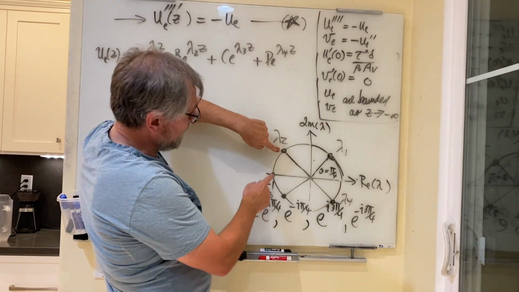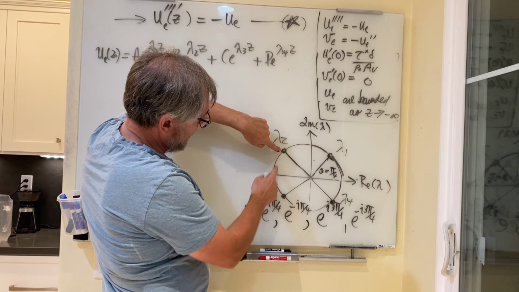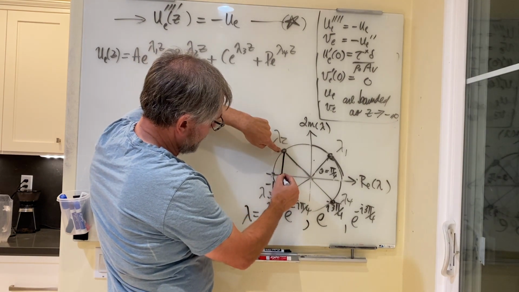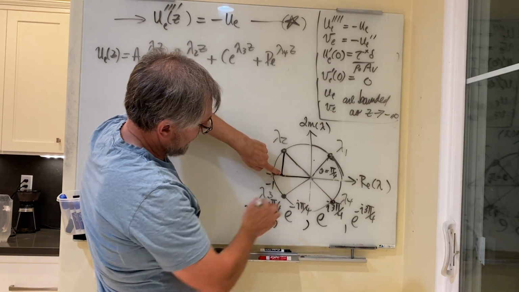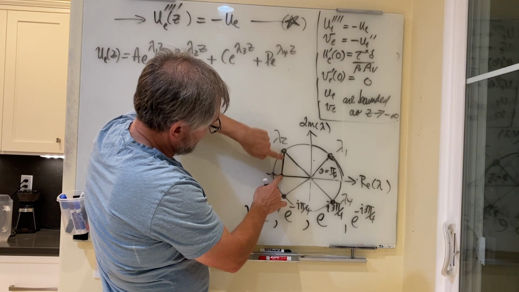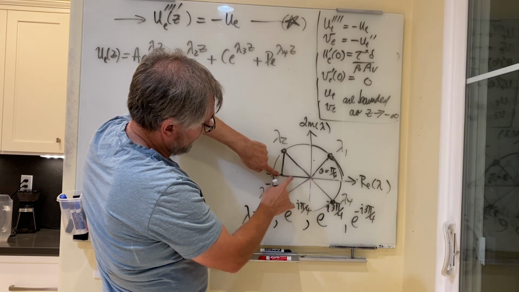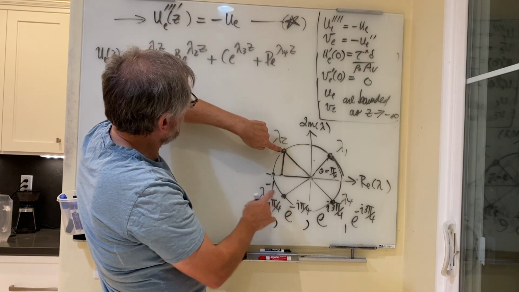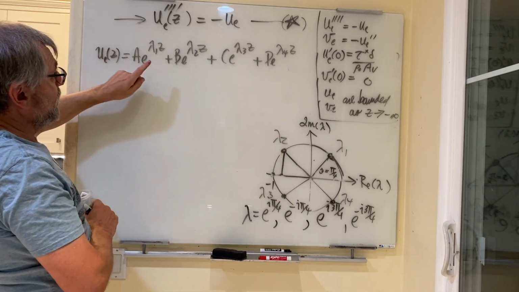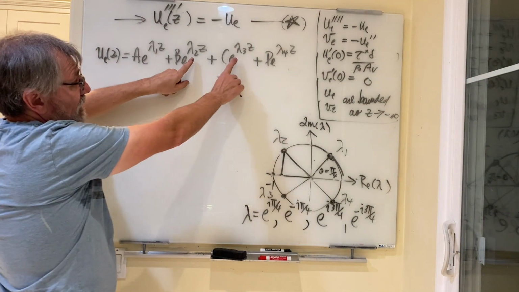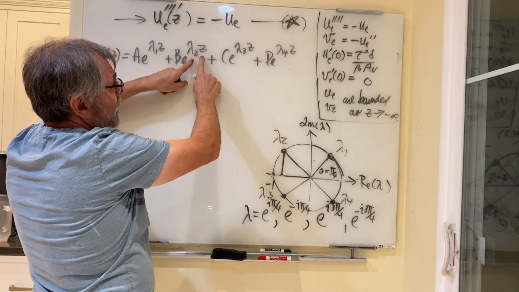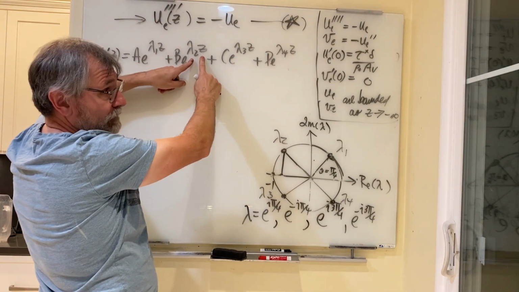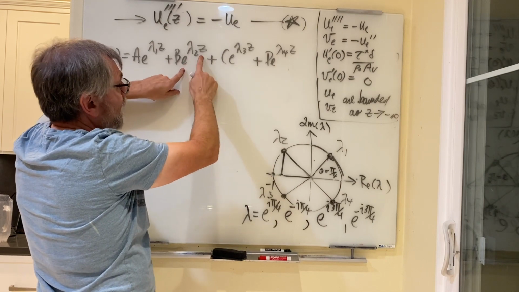And if I look at the forms of the lambdas, both lambda 2 and lambda 3 have a negative real part, right? The real part falls over here, and this is negative, and this is the imaginary part, but the real part is negative for both these roots. And so that means for lambda 2 and 3, when I multiply by z, which is negative, I'll get a positive, so I'll get e to a positive number.